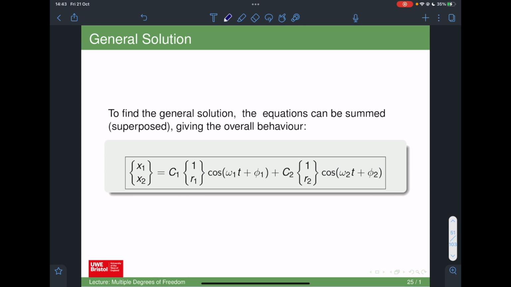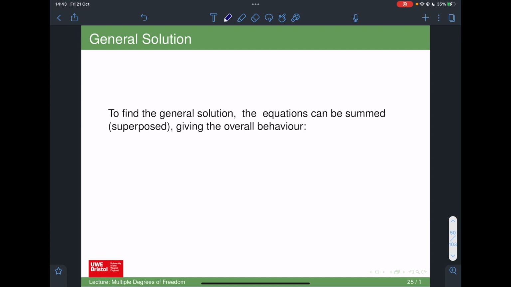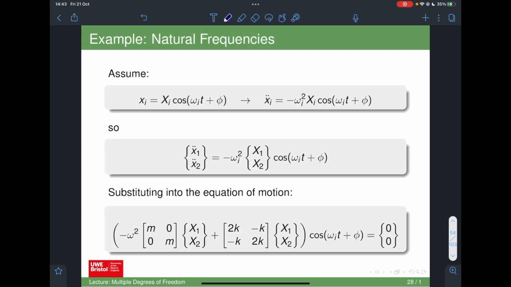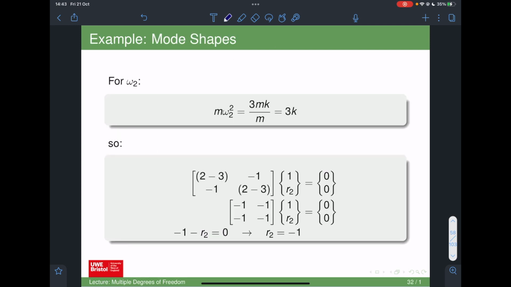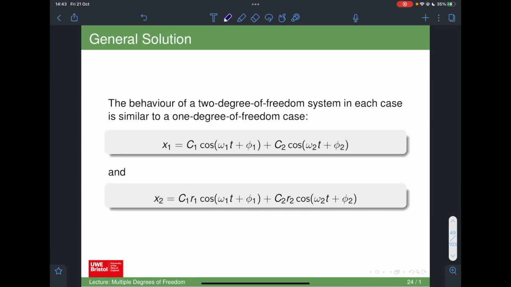So there's your two equations in matrix form. I haven't put that in there. Have I put that in there? No. But there's an exercise in the notes where you can go through and find out what those values are. With initial conditions, you can find out what C1 and C2 are, and phi 1 and phi 2.